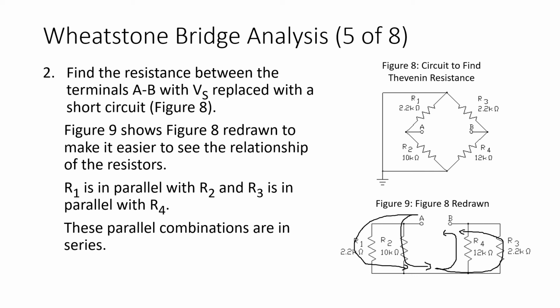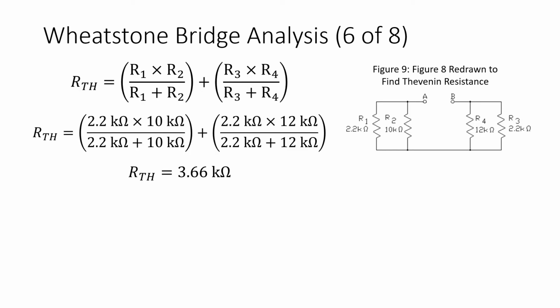Again, the parallel combination of R1 and R2 is in series with the parallel combination of R3 and R4. So the Thevenin resistance is R1 times R2 over R1 plus R2, plus R3 times R4 over R3 plus R4, again using the product over sum formula to find a parallel resistance. So we get a calculated value of 3.66 k ohms for the Thevenin resistance.